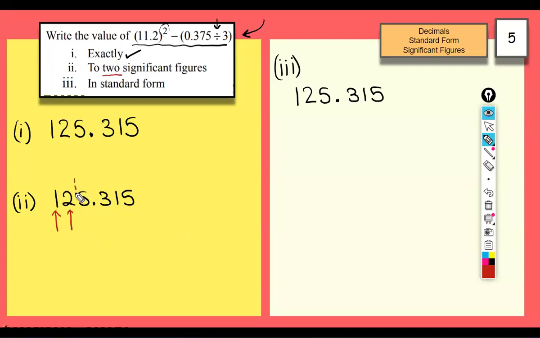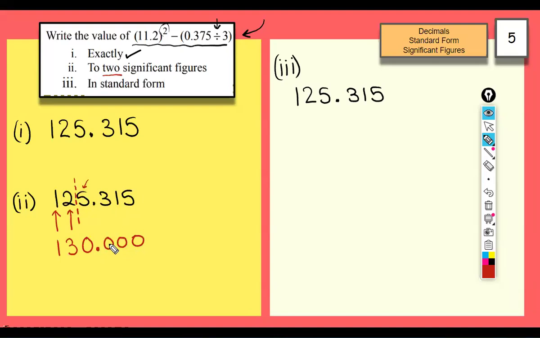We really don't care about anybody after that, but we push our head through the fence and say, hey, you're on number 5. If it's 5 or more, we have to add 1 to the 2. So you get 1, 3, and then everybody else changes to what? Zeros. Everyone after the fence.